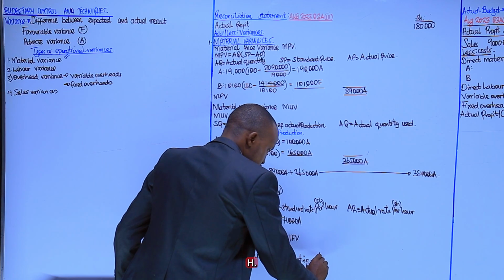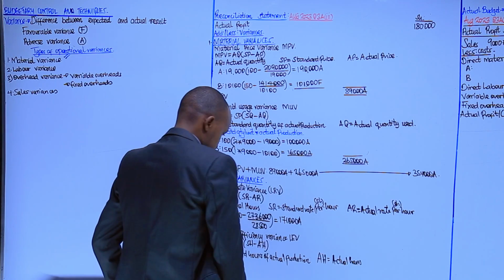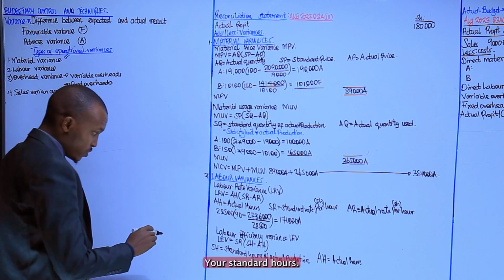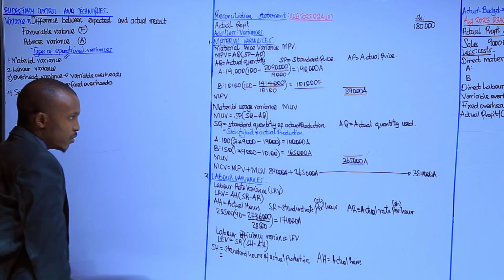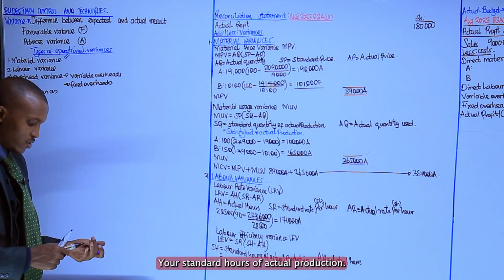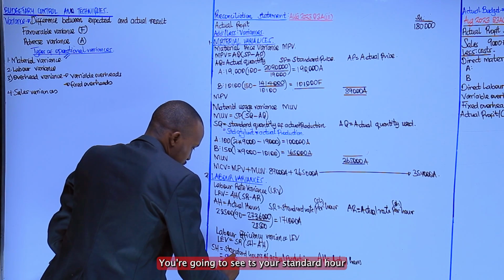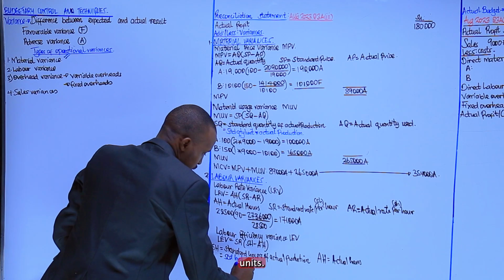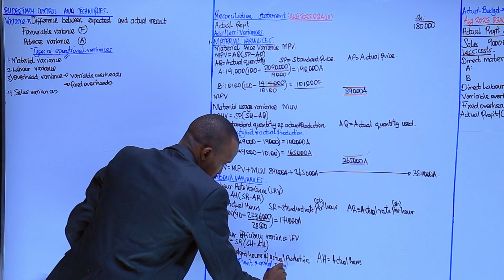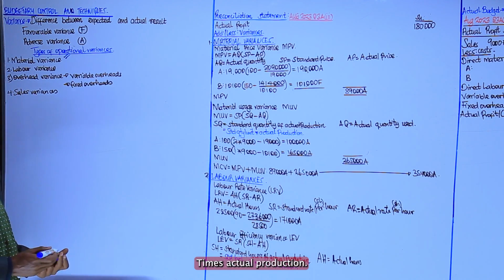AH is actual hours. Your standard hours of actual production, you're going to say it is your standard hours per unit, you multiply by actual production.